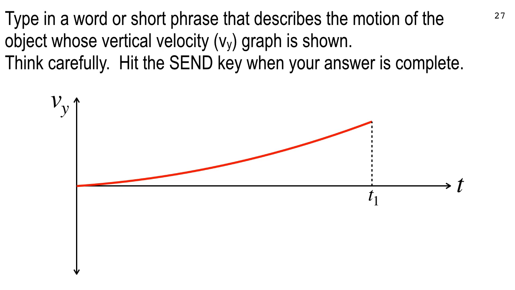When you have your word or short phrase, hit the send key. I see there's a smart guy here. Somebody's trying to mess with my mind. It's kind of hard to get all these answers. Twenty seconds. Ten, 9, 8, 7, 6, 5, 4, 3, 2, 1, 0. Okay.